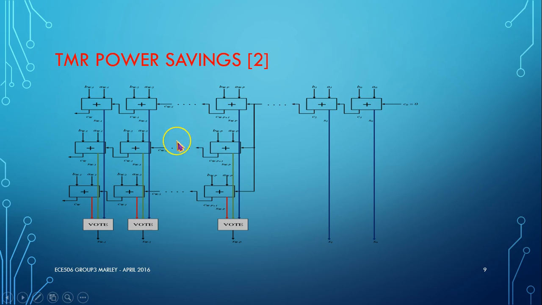Here is the Parhi paper that you looked at, and with his ripple adder, he basically only did triple redundancy with the most significant bits. The least significant bits he didn't triplicate, and so he was able to statistically prove that this gives a good result, even in the presence of faults. So, a fascinating way they try to save power on these.